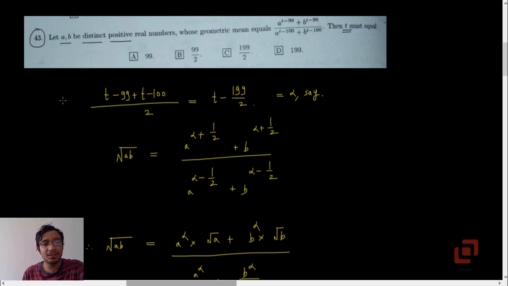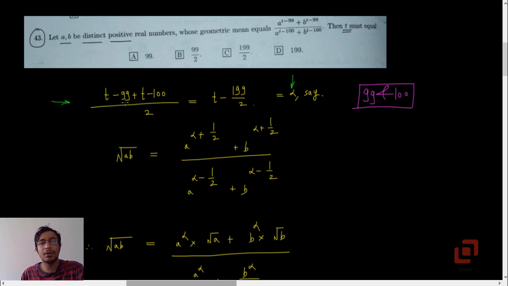Now the very first thing that I have done in this problem is I have gotten rid of these large numbers 99 and 100. So I introduced a new variable called alpha, which is basically the arithmetic mean of 99 and 100, including the t part.